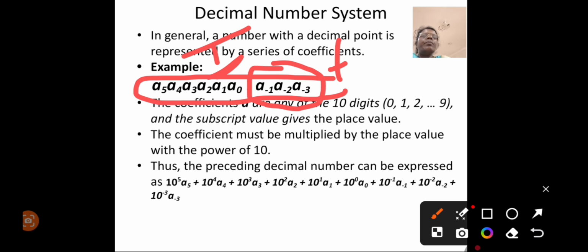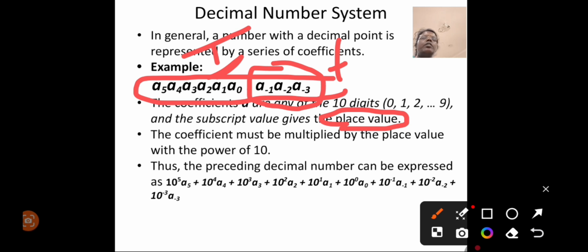So what are the coefficients here? These are the coefficients represented with the decimal digits. We have 10 digits, no, 0 to 9. So the coefficient a will have the value of any one of the 10 decimal digits, 0 to 9. Now what is that suffix? The suffix value represents the place value, which gives the actual weightage of that particular digit position.